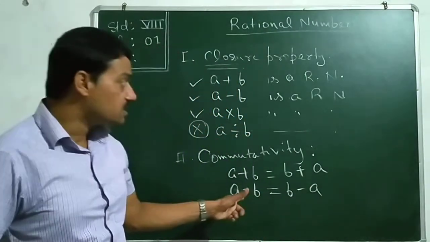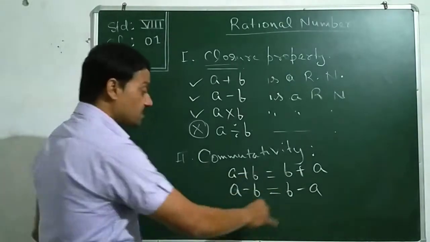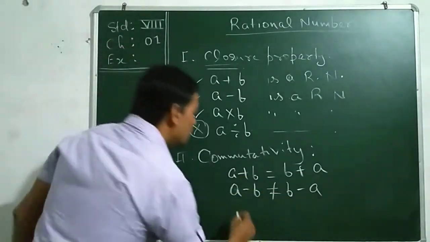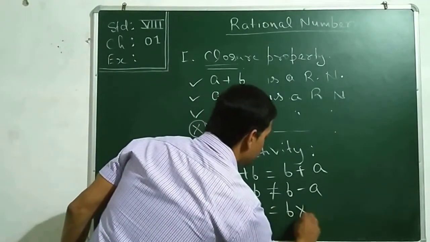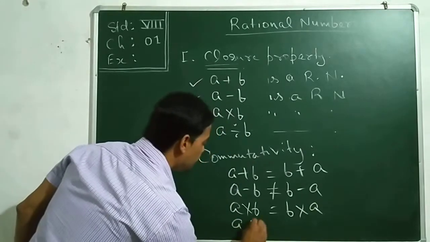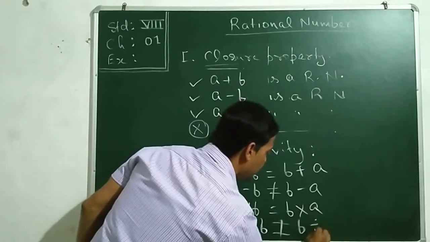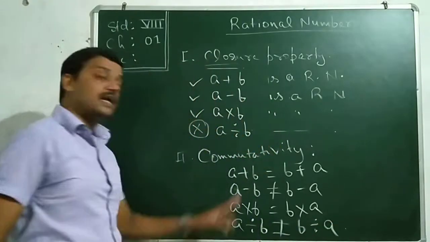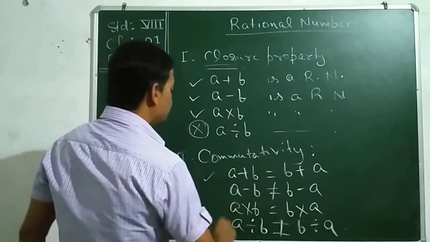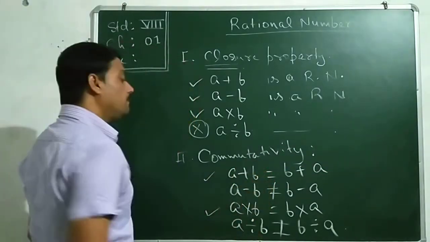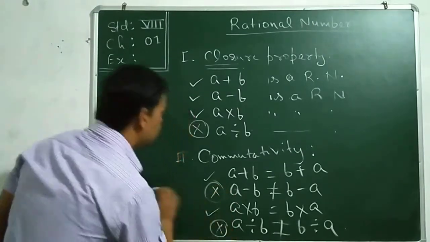If you take two rational numbers, you will find it does not match. A into B is always equal to B into A, but A divided by B will not be equal to B divided by A in all cases. That means commutativity applies for addition and multiplication, not for subtraction and not for division.